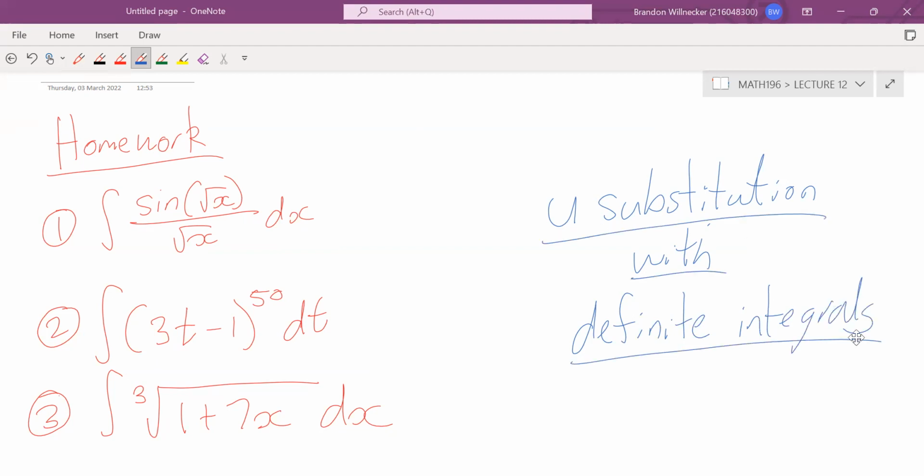For the past 2 days now, we've been doing u-substitution with indefinite integrals, remember no bounds. Tomorrow we're going to have a look at u substitution with definite integrals. There's just one more step that gets added. It's not too much more work, just one more step that you need to keep in mind.